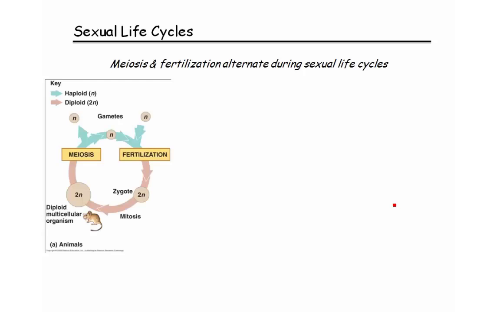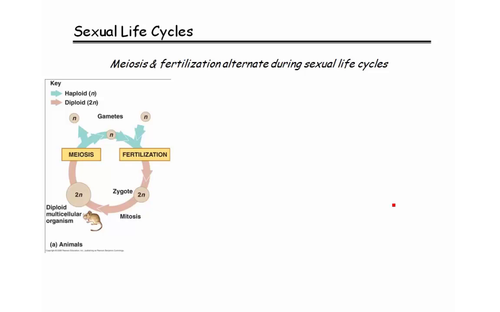If we look at some other life cycles, meiosis and fertilization are always going to alternate during sexual life cycles. Here we have the example of the typical animal life cycle, which is the same as what we saw with the human life cycle. Most of an animal's life cycle is going to be spent on the diploid side of this equation.